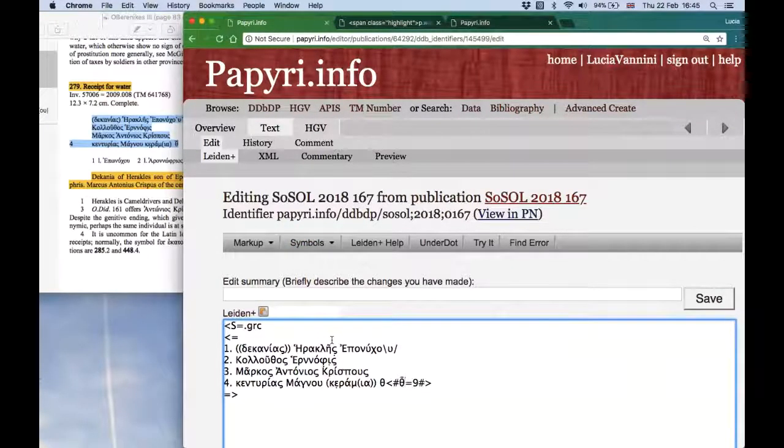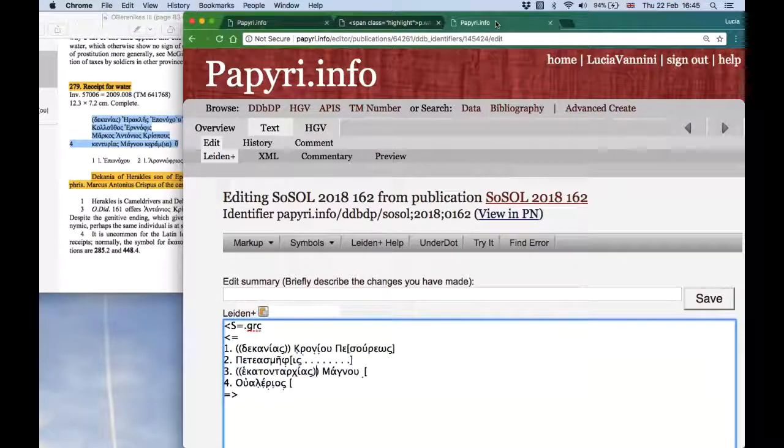Then let's move on to another text with other interesting features, which I have already copied and pasted into the Papyrological Editor. In this other ostracon, we see that a few lacunas or gaps occur. For example, at lines 3 and 4, we see that there are lacunas at the end of the lines.